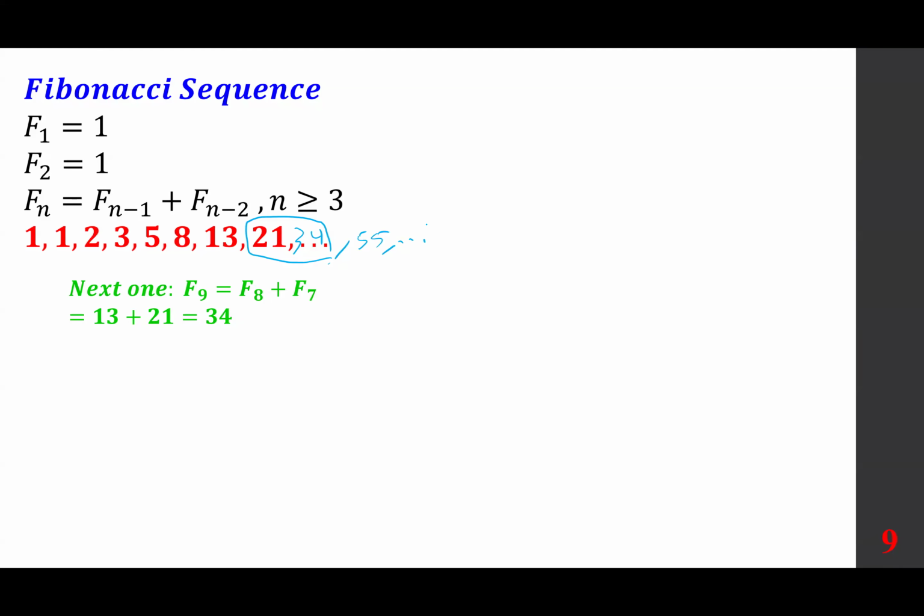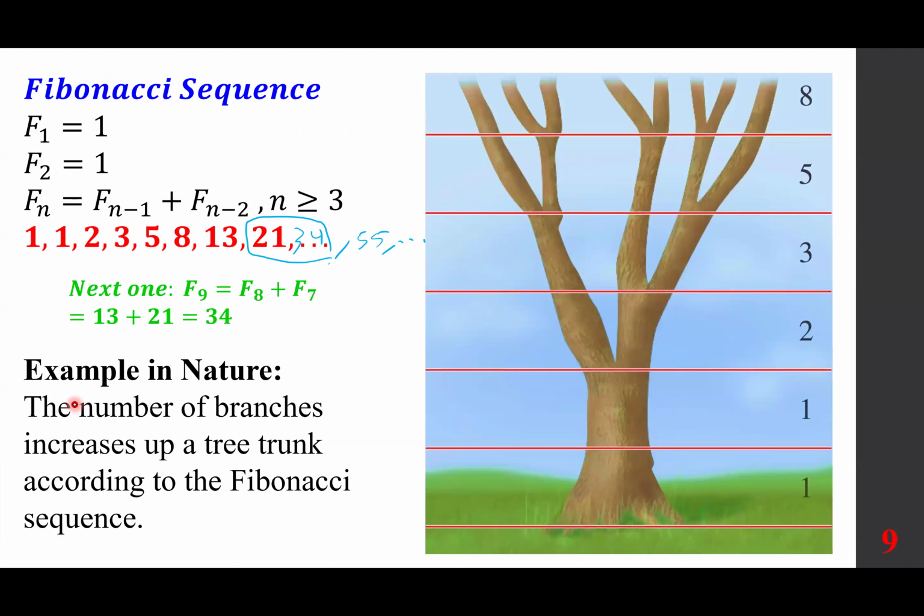So that's how we get it. And it happens in nature a lot. For example, in nature, the number of branches increases up a tree trunk according to the Fibonacci sequence. So you have the first year 1, the second year also 1, then they add up to 2, and the next one, 1 and 2 is 3, the next one, 2 and 3 is 5, and so on.